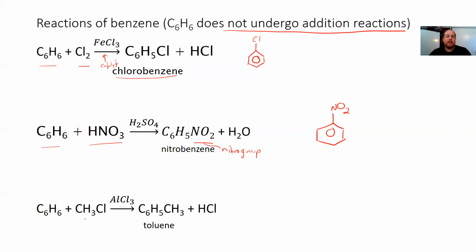Another thing you can do is a substitution reaction with something like chloromethane, and the chloromethane will substitute a methyl group onto the benzene ring. That'll give you a structure like this. It's kind of like a methyl benzene, but it has a common name that we use all the time, toluene, which you guys have used.